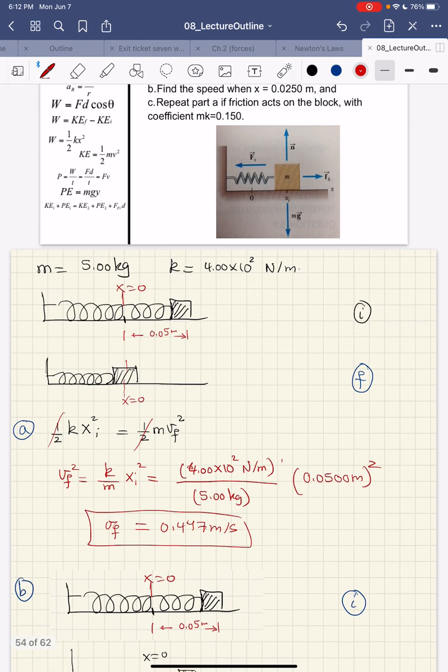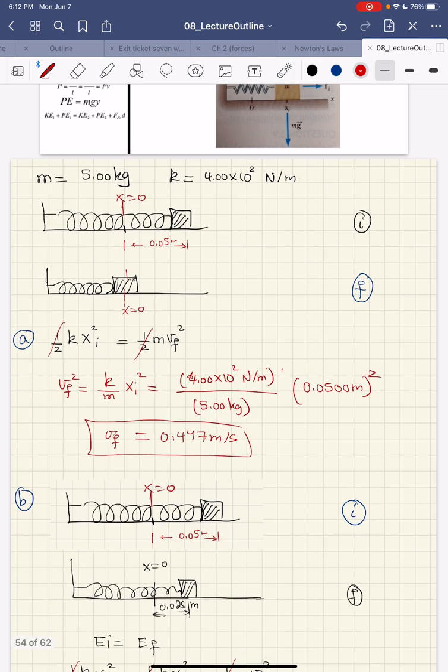These are conversions of energy, where all the elastic potential energy will be converted into only kinetic energy. From that, I can derive my equation for the final velocity: v final squared equals k over m times xi squared, and then I was able to calculate my v final to be 0.447 meters per second.